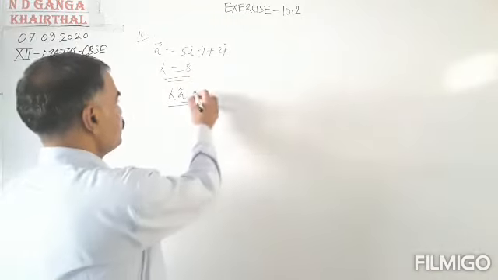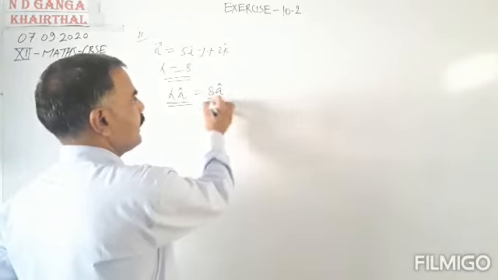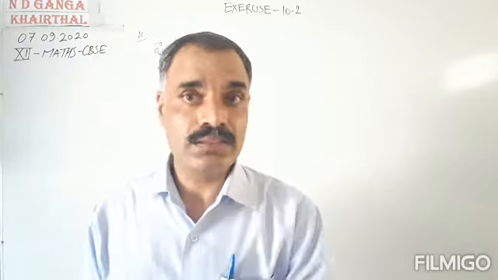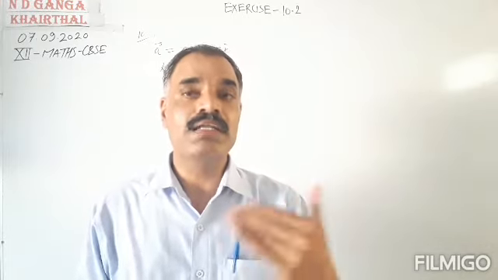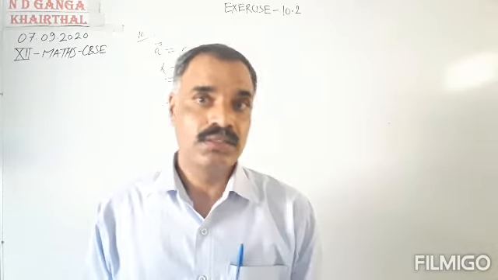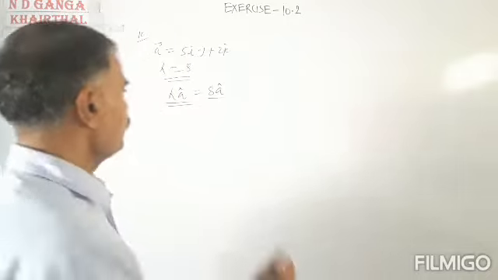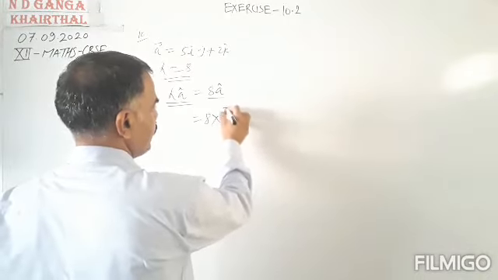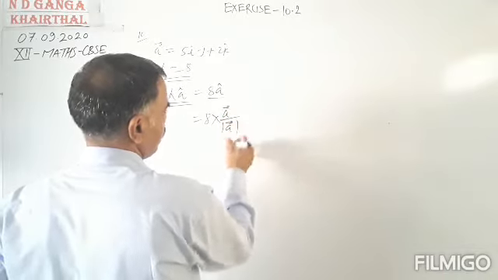So this is equal to 8a cap. 8a cap is the vector in the direction of the vector a vector and having the magnitude 8 units. So 8 into a cap, that is a vector divided by magnitude of a vector.